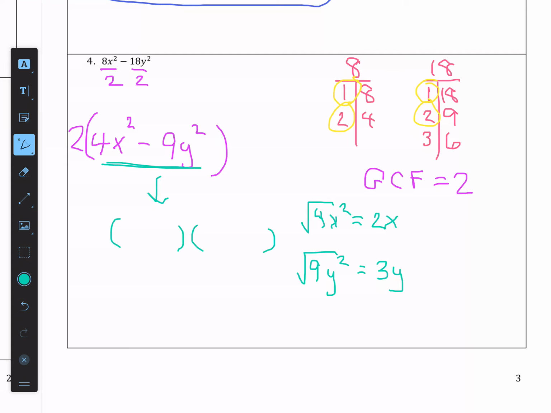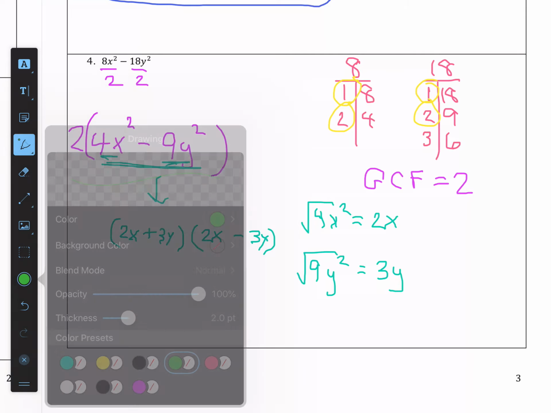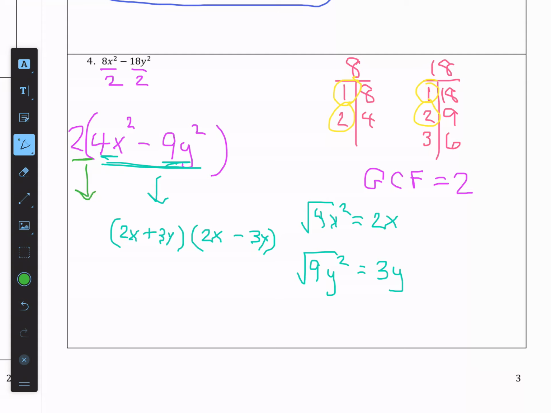The 2x is going to go in the front because the 4x squared was in the front. And then the 3y will go in the back because the 9y squared was in the back. 1 plus and 1 minus. And lastly, do not forget to bring down the 2 from the beginning, because that is still a part of the problem. So this right here is your final answer.